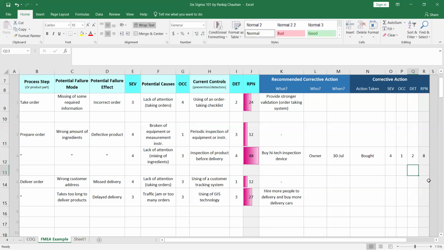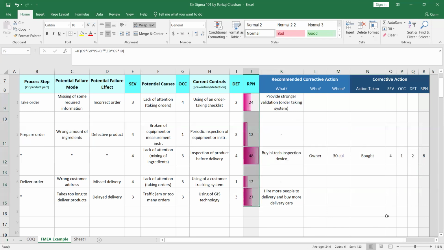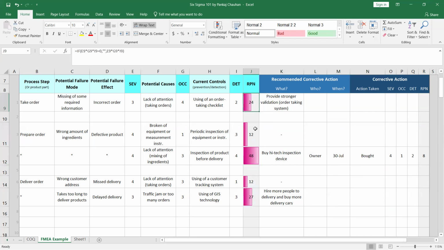So my risk priority number is 4 into 1 into 2, which is 8. Before it was 48 and now I have only 8. Suppose your threshold is 30 or 25, and you have reduced it significantly after implementing this action. The same exercise we do for all of the high RPN events.